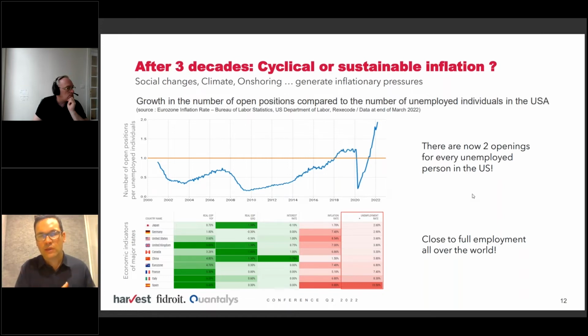Considering that on one hand it will be more sustainable, on the other hand all the mega trends we have considered in recent years, climate change, onshoring, social changes because of COVID, the remote work, and deglobalization, I would say, of the economy, will be a source of inflation in one way or another. So that's the message of the central banks and the governments now. Next slide.